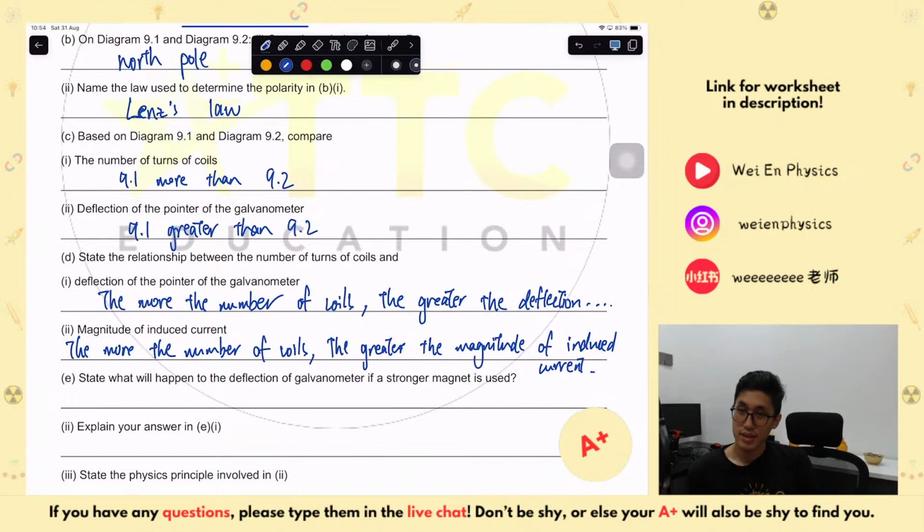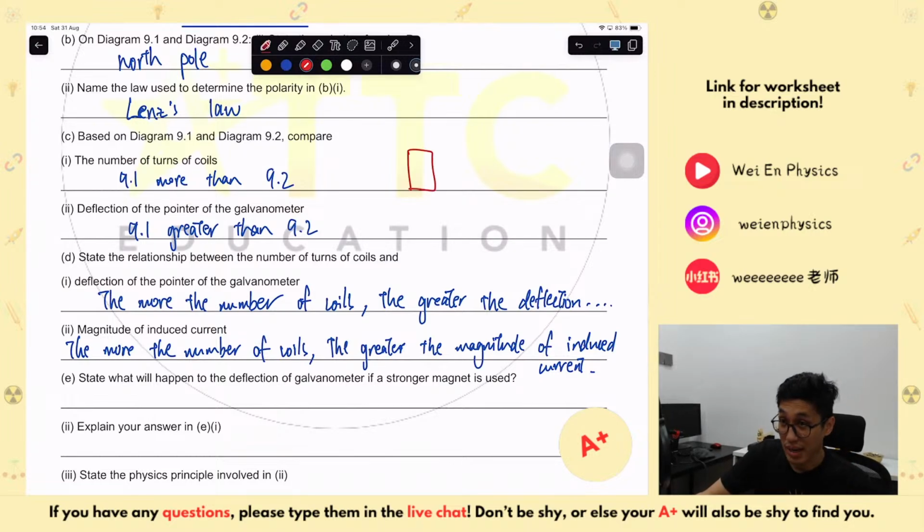Okay, next, state what will happen to the deflection of galvanometer if a stronger magnet is used. Stronger magnet will have what? Will have more what? Stronger magnet will actually have more magnetic field lines. Okay? Let's say normal magnet, the magnetic field lines look like that.